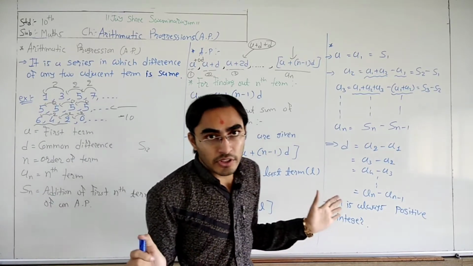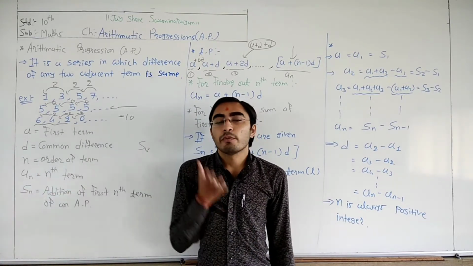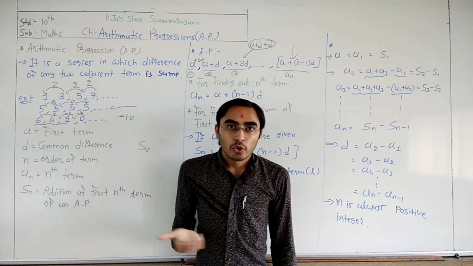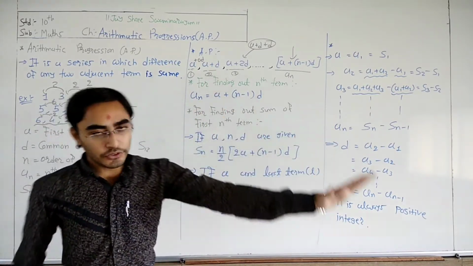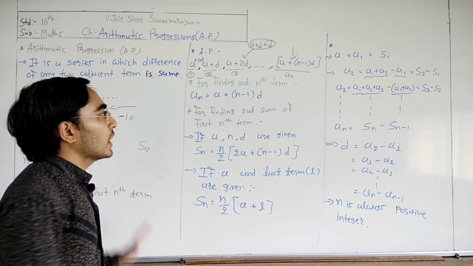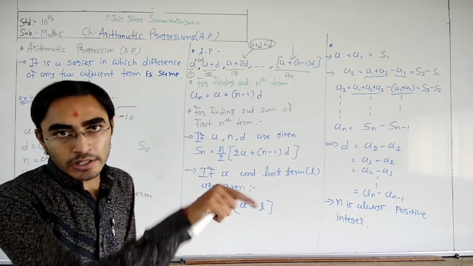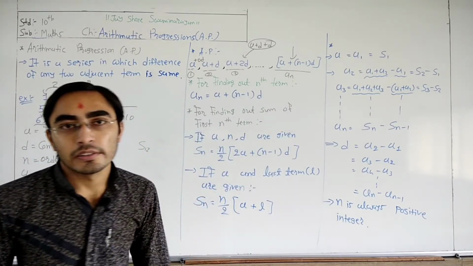If it is a very big series and we want to find the 100th term, we do not need to write the whole series. Directly we can get the value of that term by using this formula.